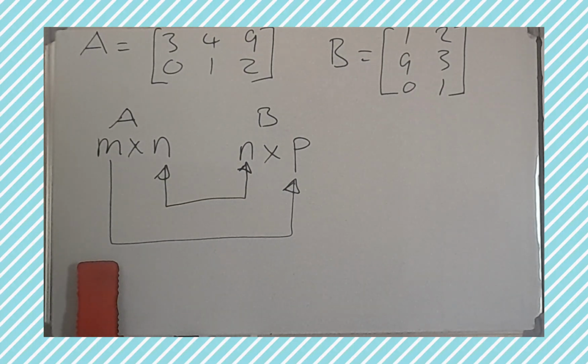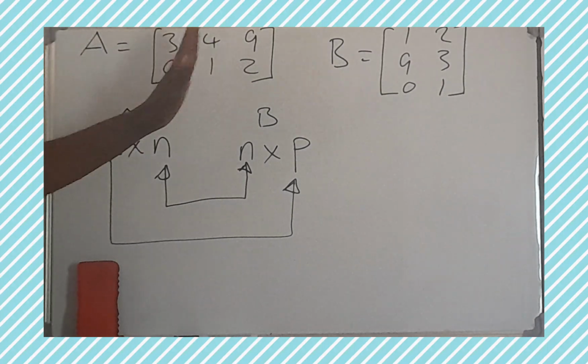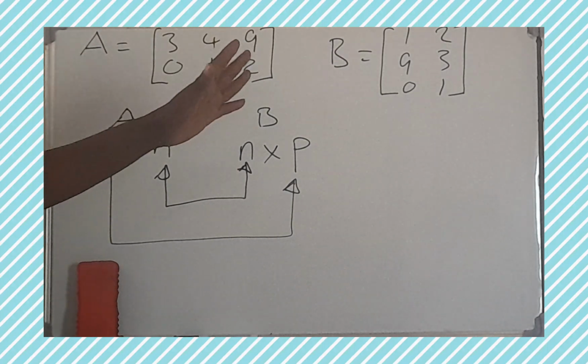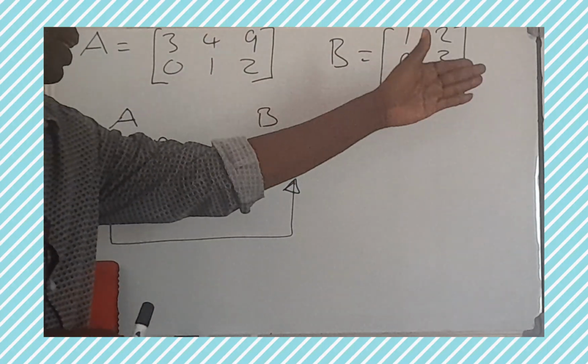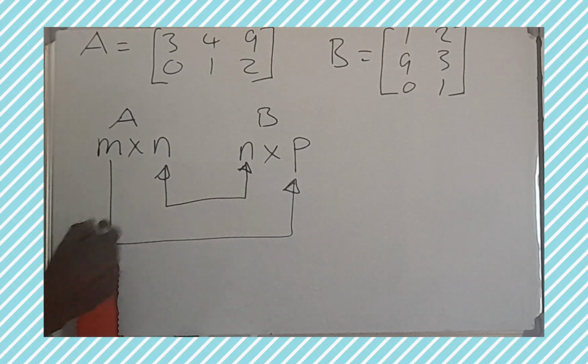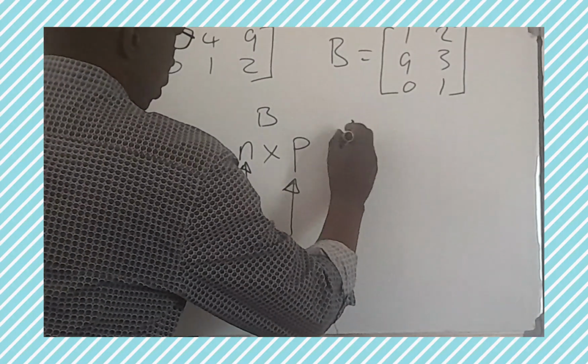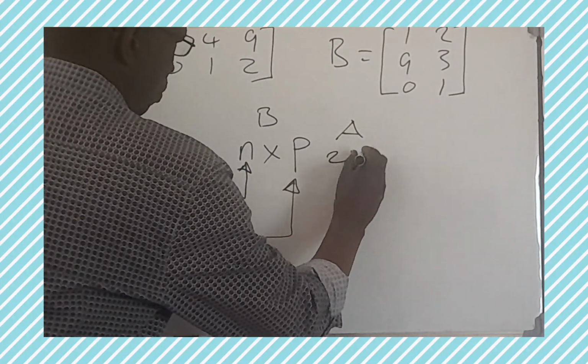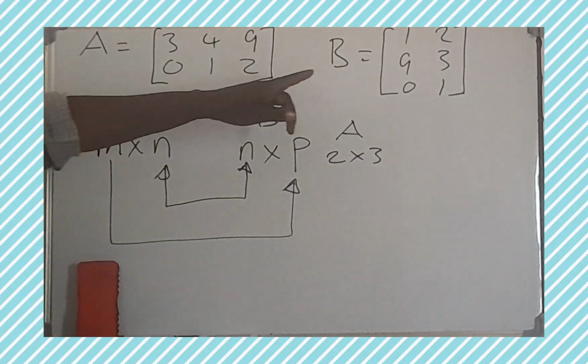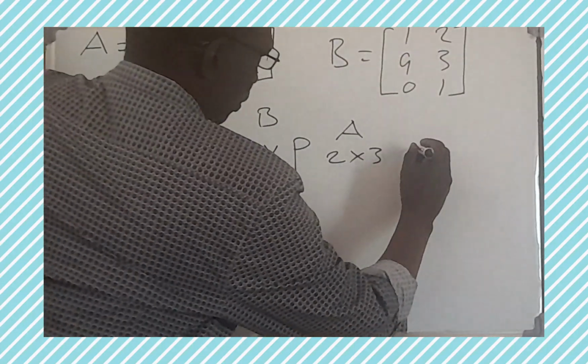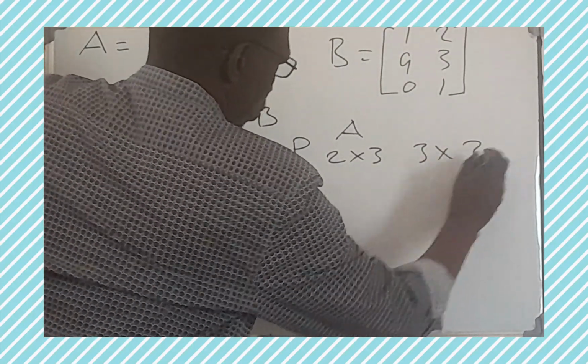Now we do have two matrices here, A and B. What are their respective sizes? A is a 2 by 3 matrix. B is a 3 by 2 matrix. So we have A, it's 2 by 3. What about B? It's 3 by 2.